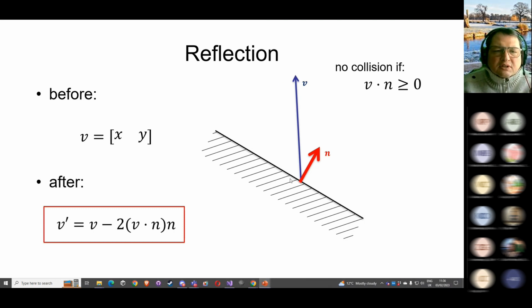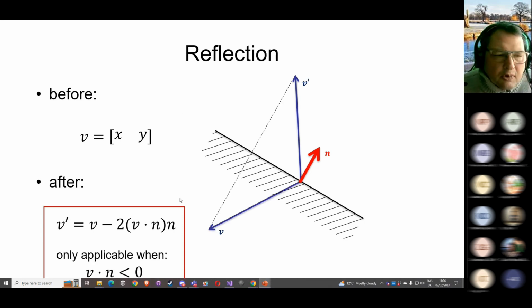This means that the velocity is already in the direction of the normal, so it's already moving away from the wall. So let's modify our formula here. Final V is V minus 2 V dot n, and only applicable if V dot n is less than 0.